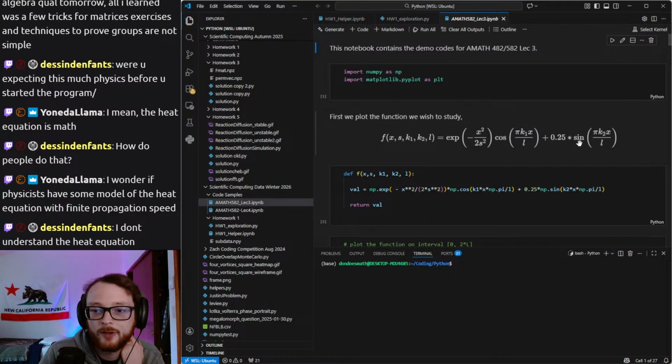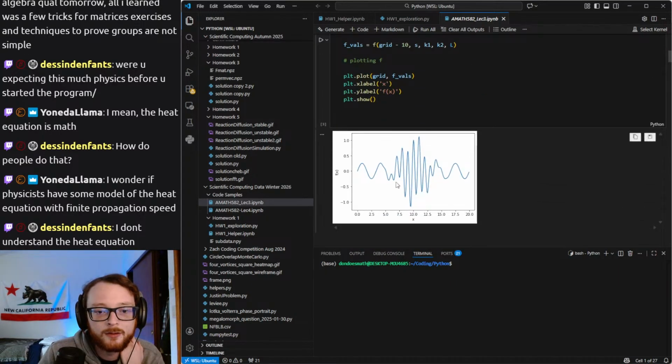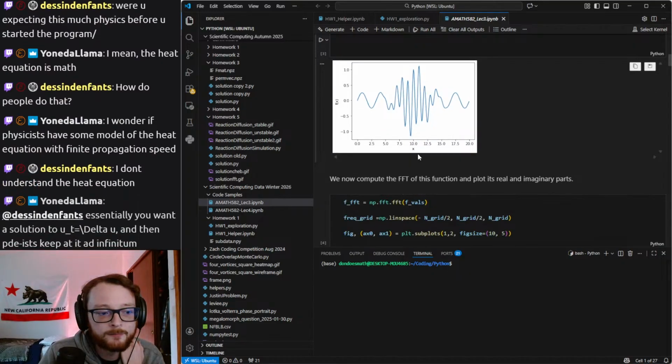And it's a steady state sine wave with its own frequency k2. If you graph that, it looks like this, where, well, I guess there's an offset, but in the middle, the cosine wave is the important one, and then off to the sides, the sine wave is the important one. And we're going to take this function and add noise to it, so we can test our denoising idea.